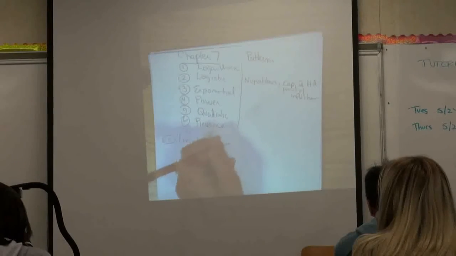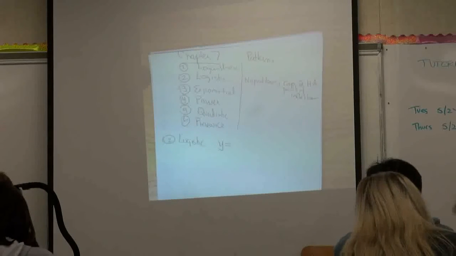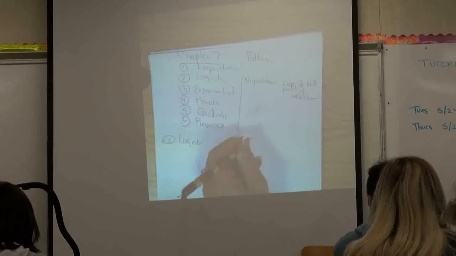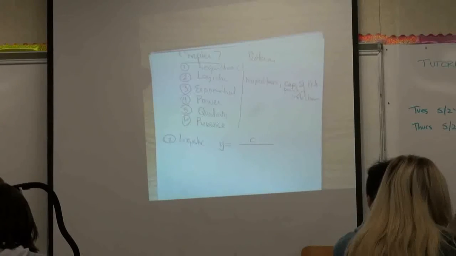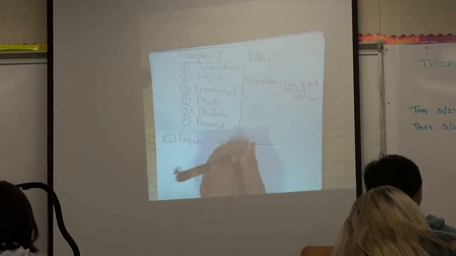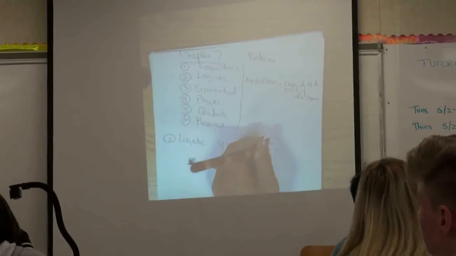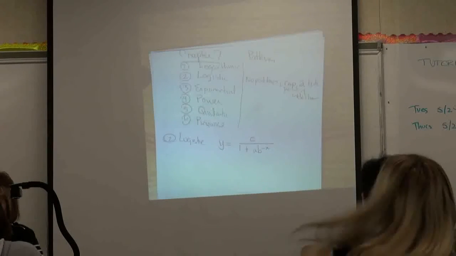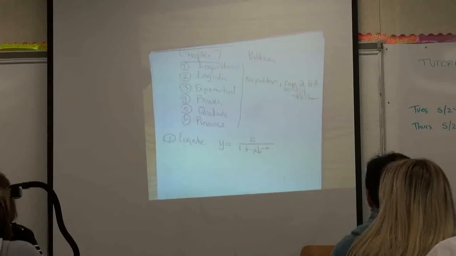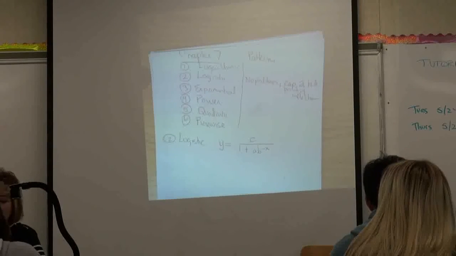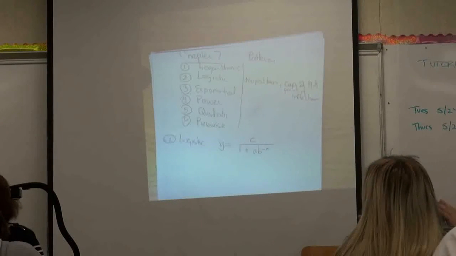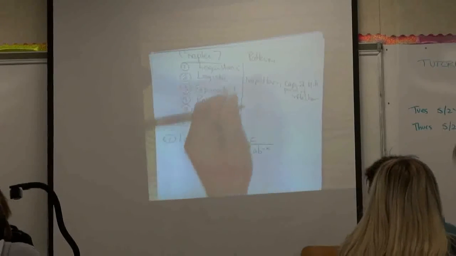Its equation was the most complicated one, and that's why we saved it for the test, right? It was y equals c over 1 plus a e to the negative x, or c over 1 plus a b to the negative x. Okay, who else remembers a pattern? Power was multiply. Good.